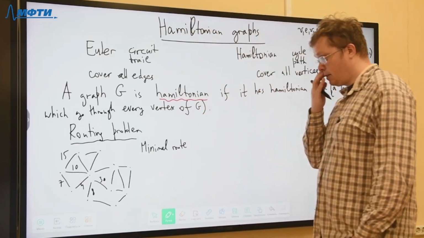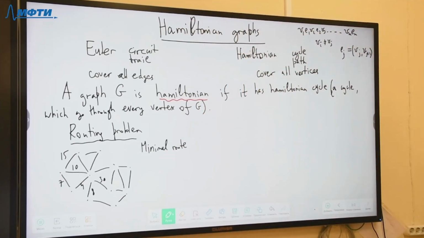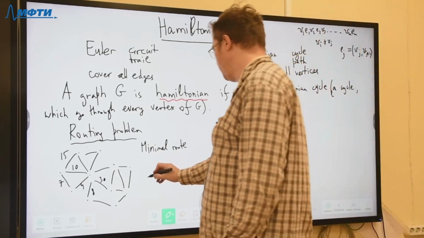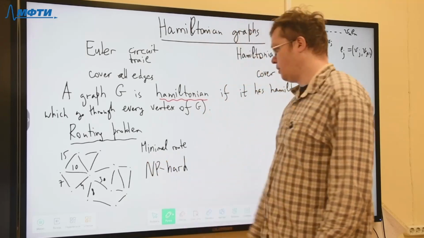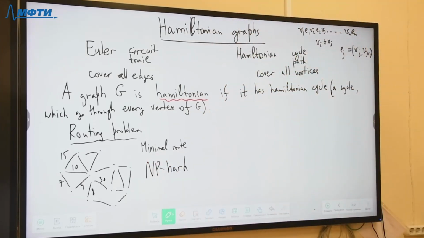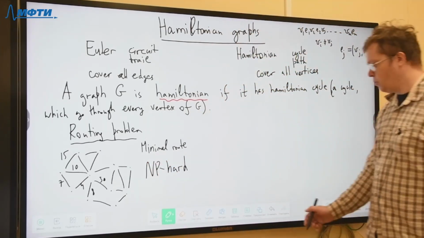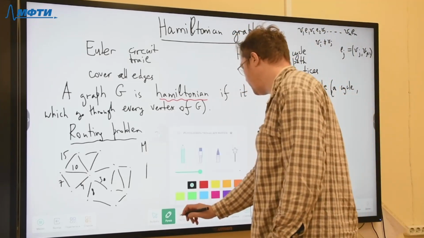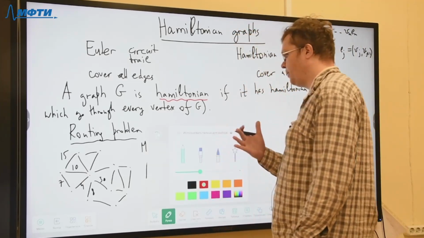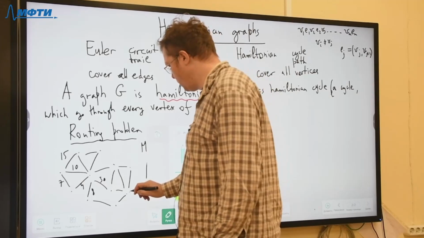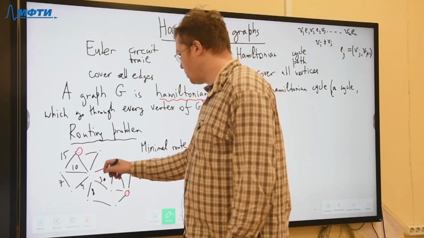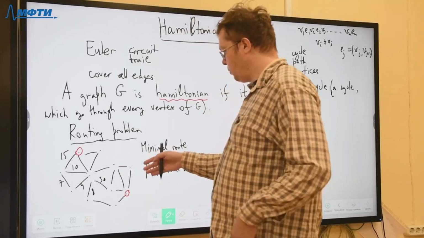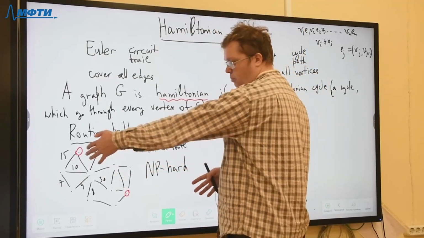It's known that this problem is non-polynomial. So we don't have any good algorithm to find the minimal route. There are some different similar questions: either we want to go from one vertex to another with minimal route, or we want to go through all the cities with the sum of the edges minimal.